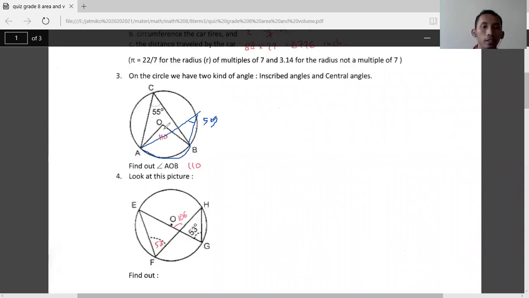And the central angle is 110. If you pay attention to this angle, it will be clear.